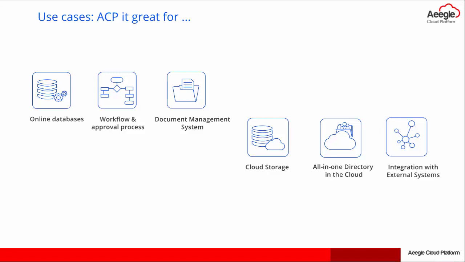Number two, ACP is great for workflow and approval processes. So maybe you have an online database, maybe you have a form, but you might need to include an approval process or any other type of workflow. You can do that with ACP in just a few clicks, very easy and fast. ACP is also great for document management systems.